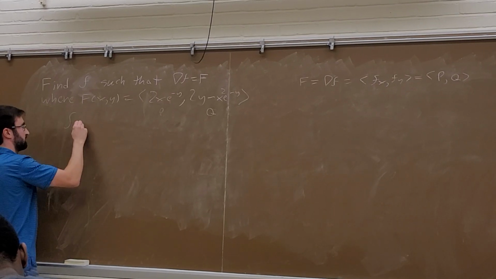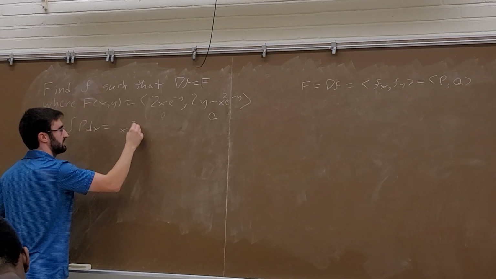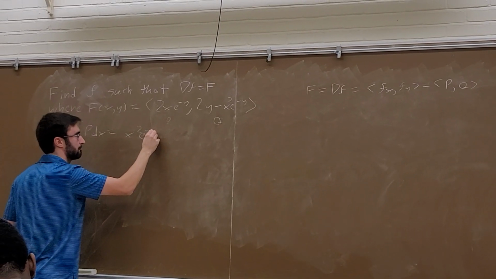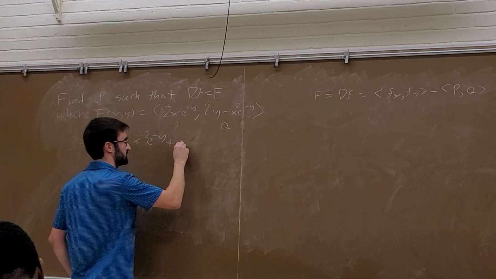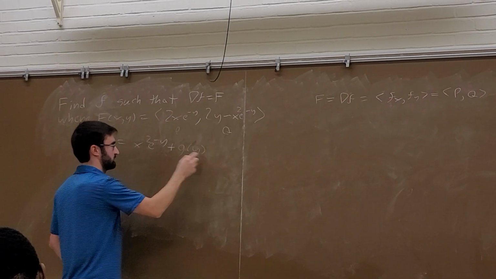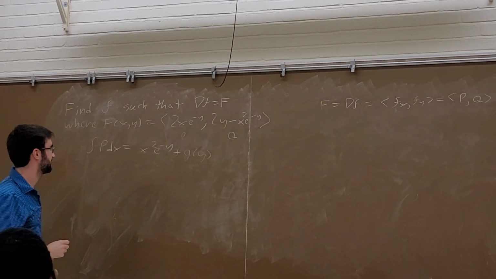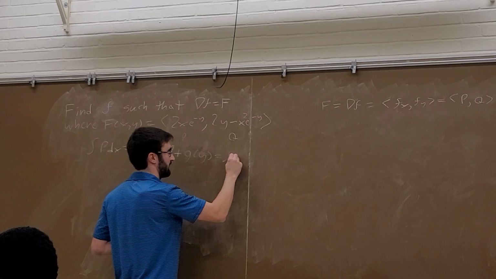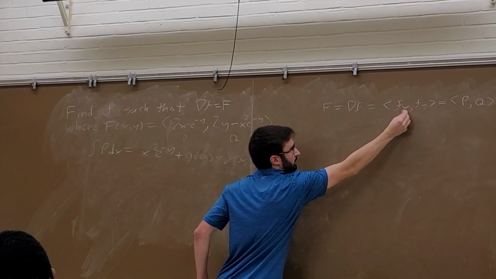We have the integral of p with respect to x would be x squared e to the xy, or e to the minus y, plus our sort of ghost function g of y. Because if you went the other way, took the partial with respect to x, g of y disappears. So now that's equal to f of xy, because we integrated with respect to x to undo this partial here.